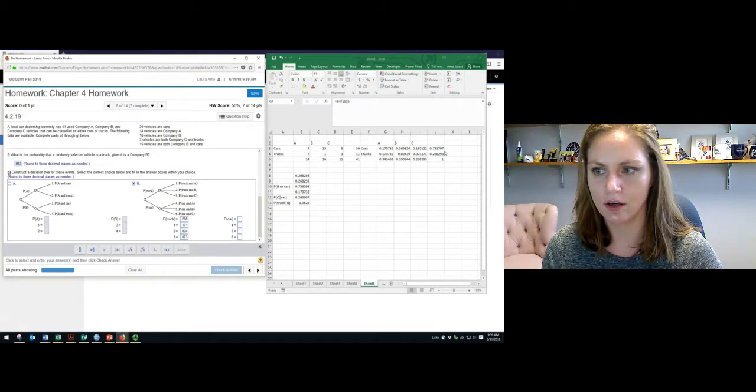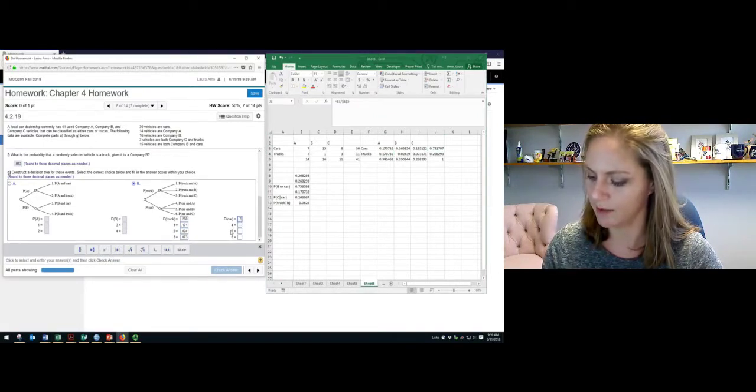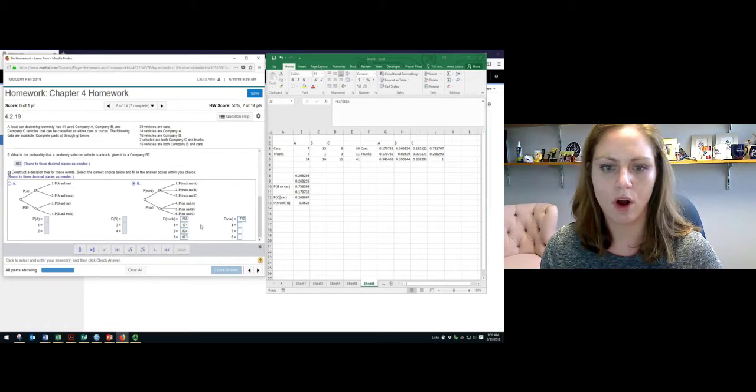Okay, now the probability of a car is 0.732, about, if I'm rounding to 3 decimal places. Now note, all of these are going to sum up to your value of the probability of a truck, because all of these are the probability of being a truck. They're just from different companies.